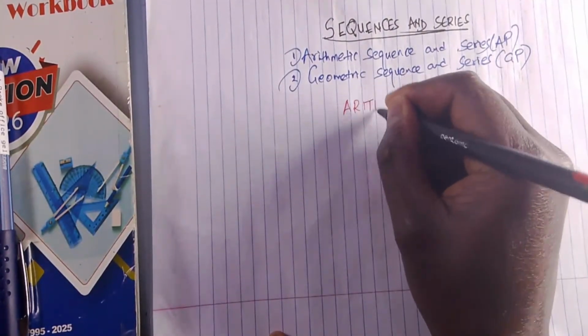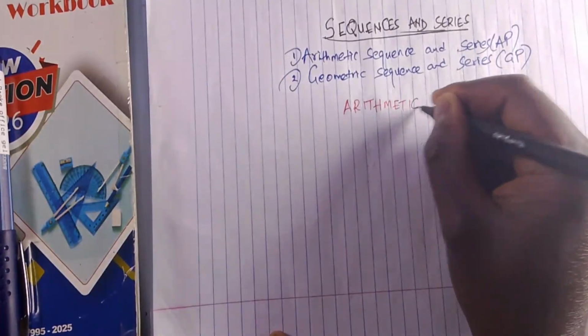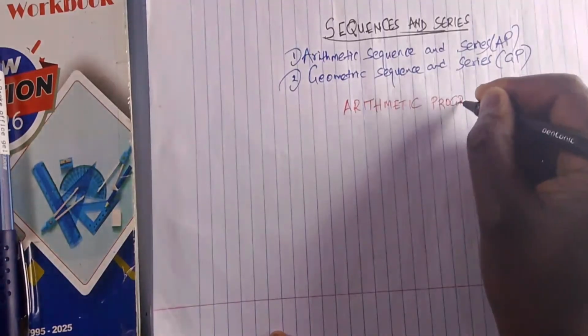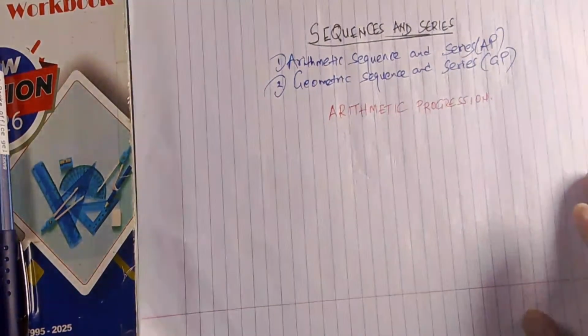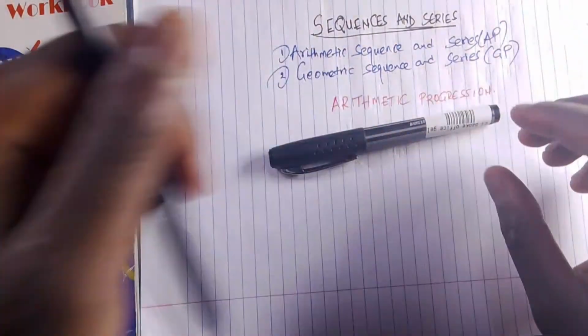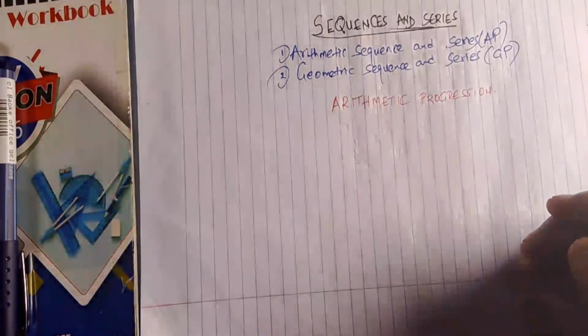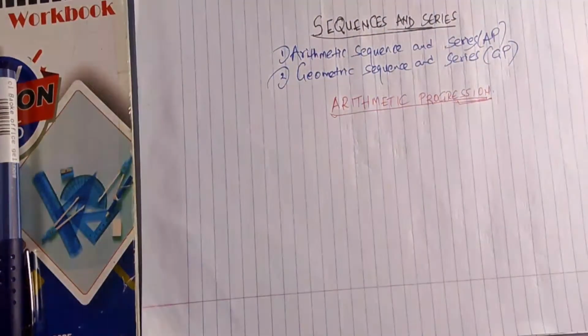Arithmetic progression. Na tutaanza na an example that we are all familiar with. A series is a set of numbers. What is a series or a sequence?